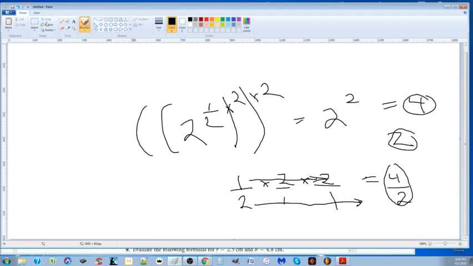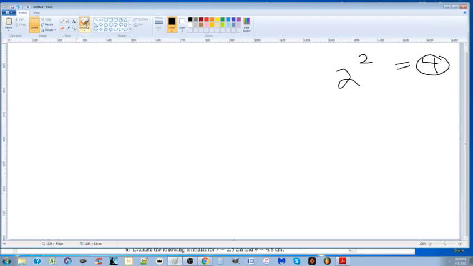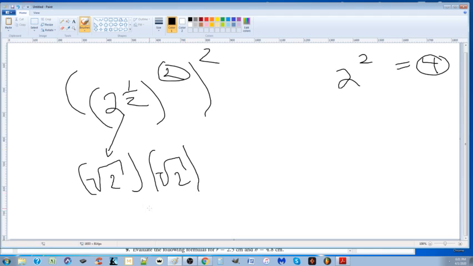Yeah, let's just prove that. Let's put that to the side. Okay, so I said 2 to the power of half to the power of 2. So let's do it logically. What is 2 to the power of half? Well, I said it's the square root of 2. To the power of 2, squared, and to the power of 2. So let's start with the 2 to the half. That's the same as the square root of 2. Okay, and I'm squaring it, right? Yeah, so it's times itself. What is a square root times itself? It's simply the number.